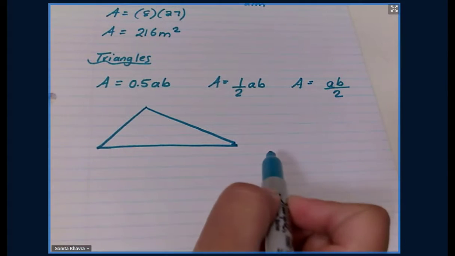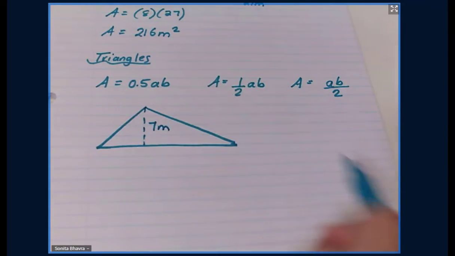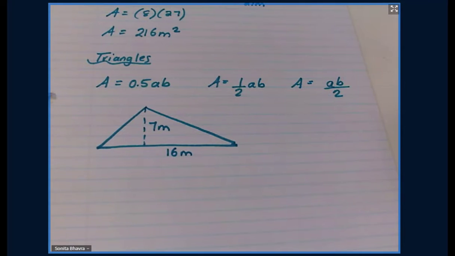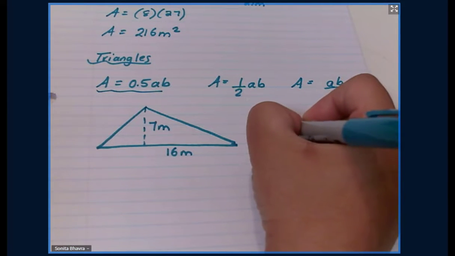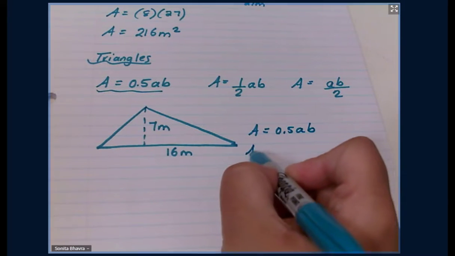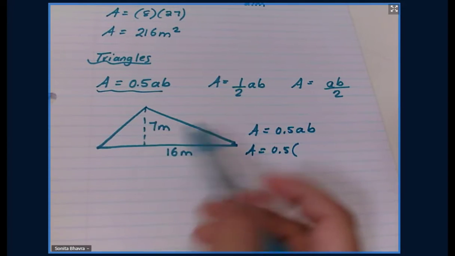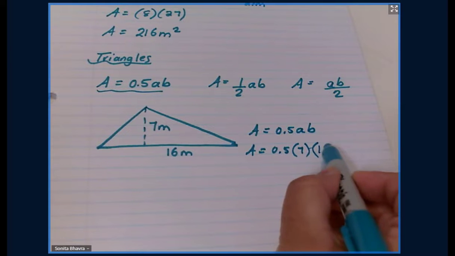So let's say we have a triangle like this, and we have our altitude, and we have our base. All right, so I'm just going to use the first formula here. So area equals 0.5 times A times B. So 0.5, the altitude is 7, and the base is 16.